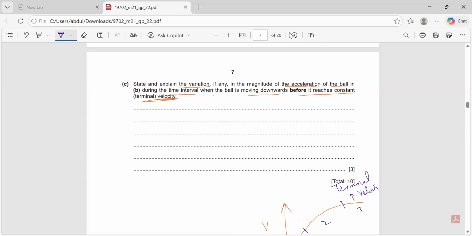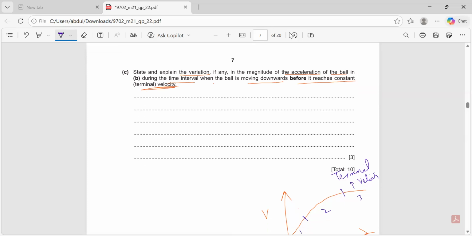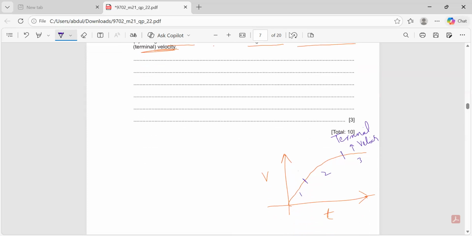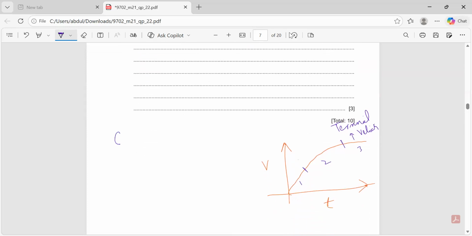Before terminal velocity, it is a ball. My dear sons, in the beginning, as the ball is dropped, its initial vertical velocity is 0. This means the air resistance on the ball is also 0. So the only force acting on it is weight, so weight is also equal to the resultant force.